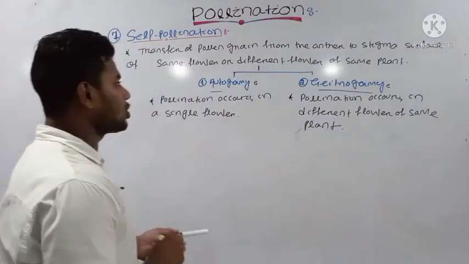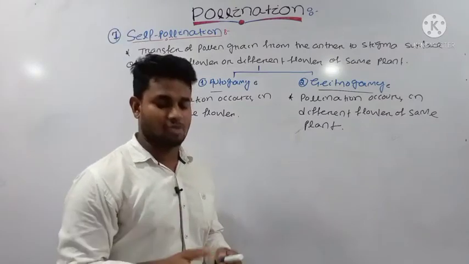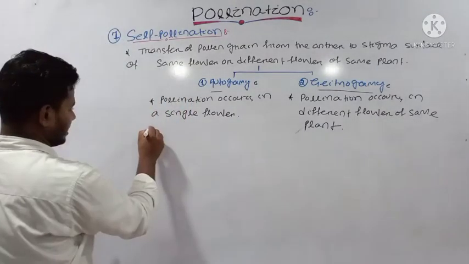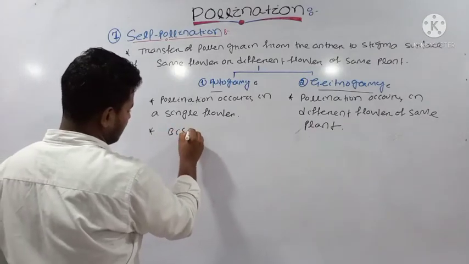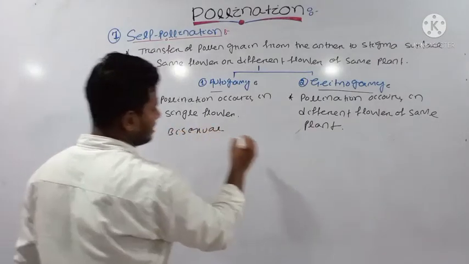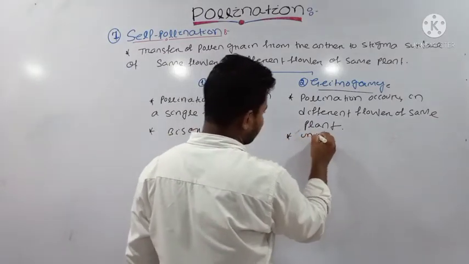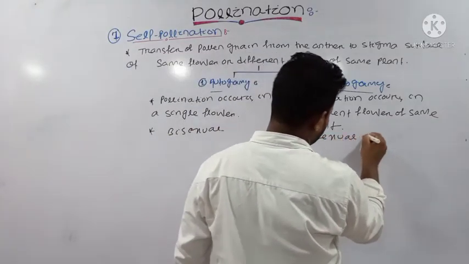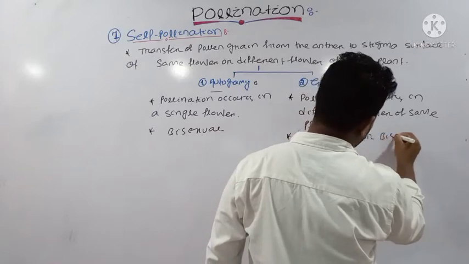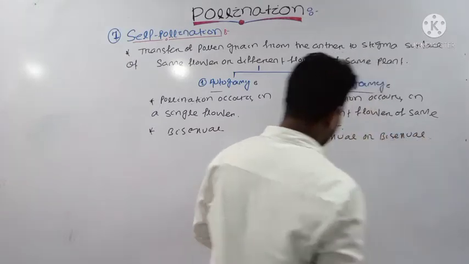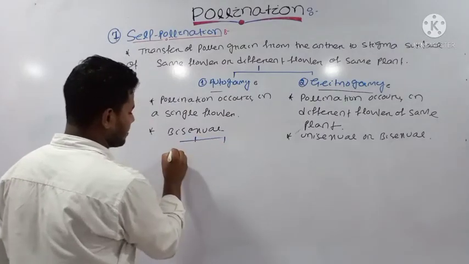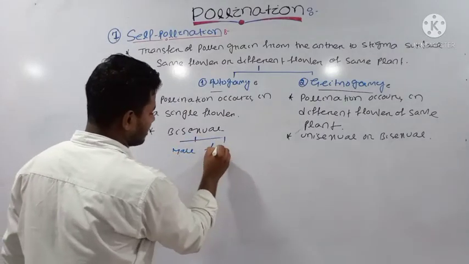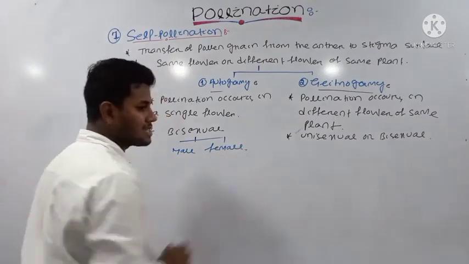And basically, the autogamous flowers are usually bisexual in nature, but here it may be unisexual or bisexual. A bisexual flower is one where both the organs, male and female part, are present in a single flower.